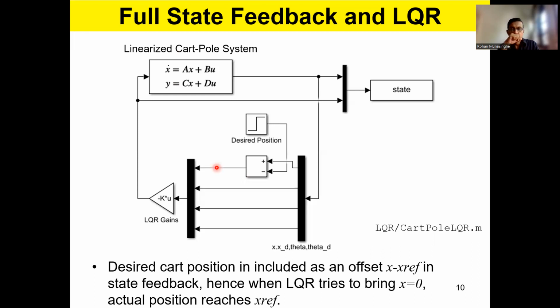Now, here, there's a little difference between what we want and what the regulator is doing. Maybe 3 out of 4 are okay. We want the angle to be 0, angular speed to be 0, and the cart's velocity to be 0. But we don't want the cart's position to be 0 all the time.